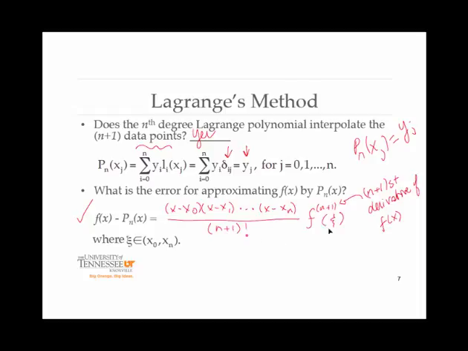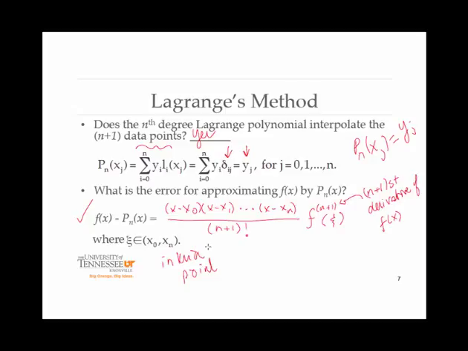That will be multiplied by the (n+1)th derivative of f of x evaluated at some interior point. This is the letter c, and c is somewhere between x0 and xn. So we say that this is an interior point to the interval of interest for our interpolation.